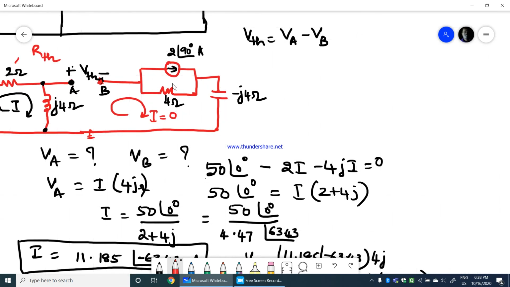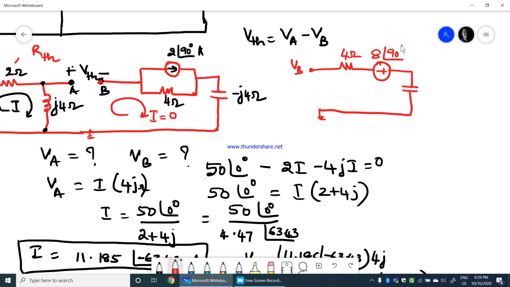Before that, I'll just convert that parallel to series. So I'll get, this is VB. I'll have a resistance, this is my voltage source, inductance, and this is where ground is connected, and this is my VB, and this is 4 ohms. This is 8 at an angle 90 degree, and this is minus 4j ohms.